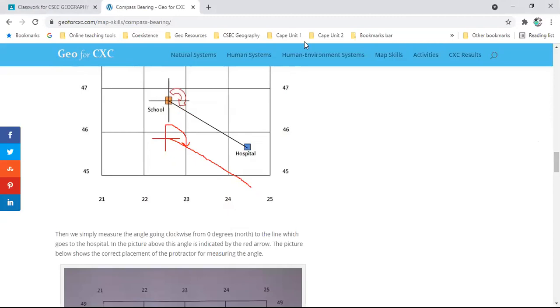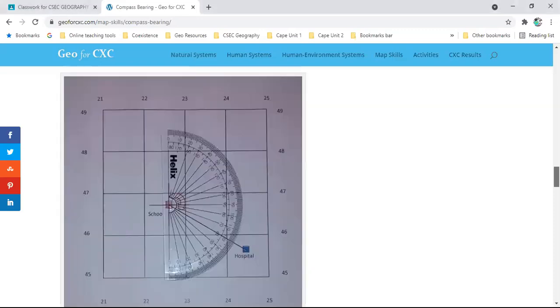Let me clear it because they did a nice illustration, so I don't confuse you. So look at it here. You're seeing the center of the protractor. Can you see it?